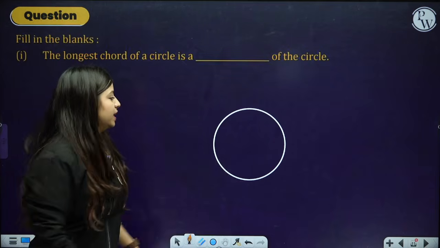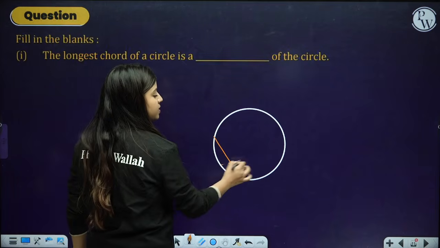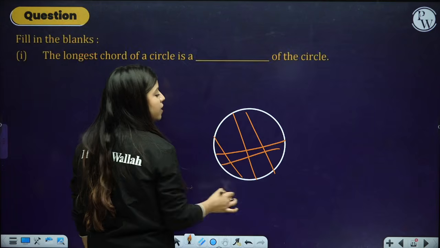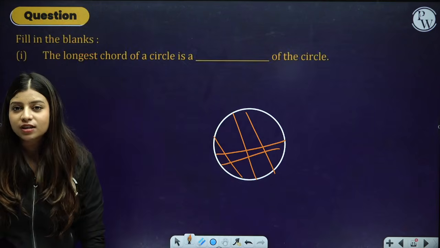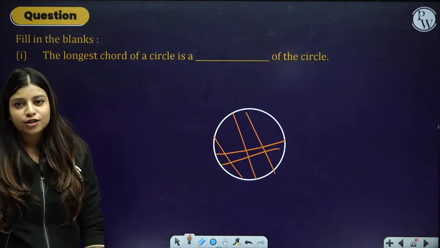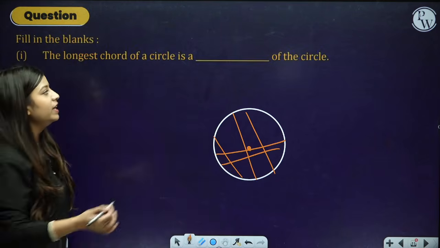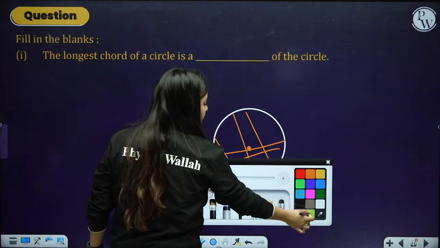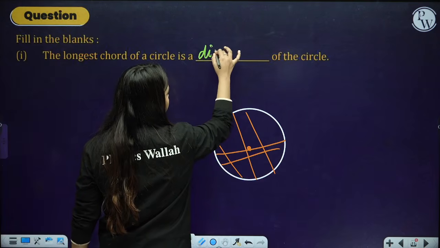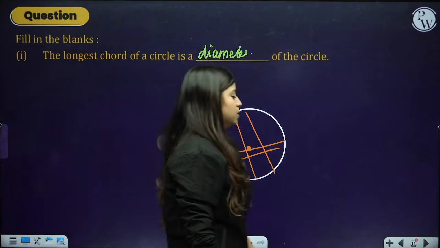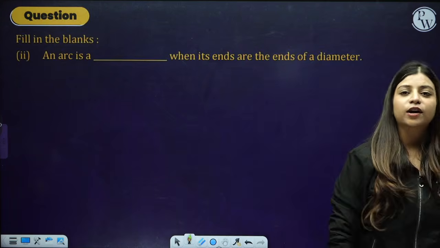So this is a chord, this is a chord, this is a chord. Out of all these chords, which one will be the largest? The one that passes through the center of the circle, or we can say it is the diameter. So the diameter of a circle is the longest chord of the circle.